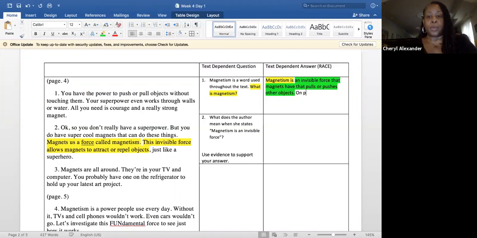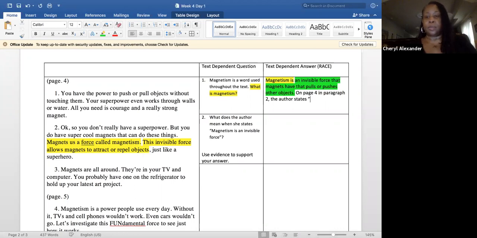So, on page 4, in paragraph 2, the author, and I know you remember this, states, and I'm going to write everything that the author stated that I highlighted, and I'm going to stop at objects. I'm going to show you how to stop in the middle of what an author says if you're not going to go to the period.